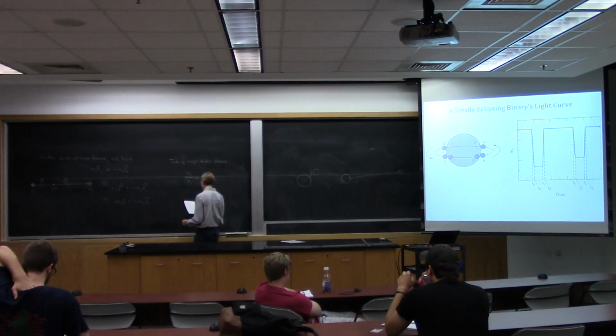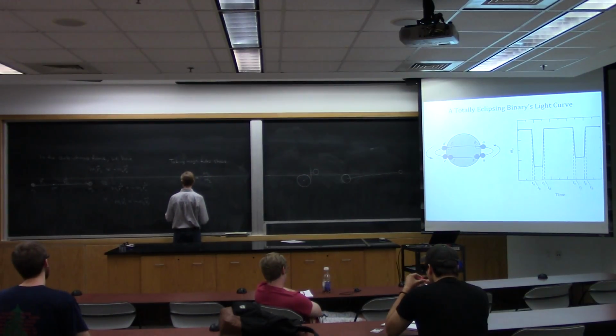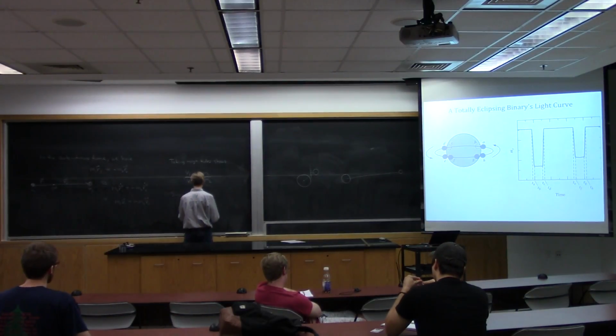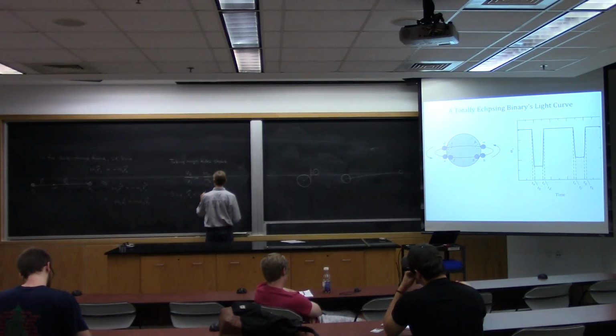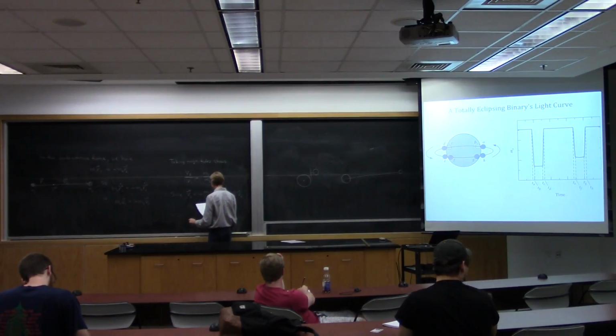So that's true at all times. Since V2 is minus M1 over M2 times V1 as a vector, we can see that V1 and V2 point in opposite directions at all times.